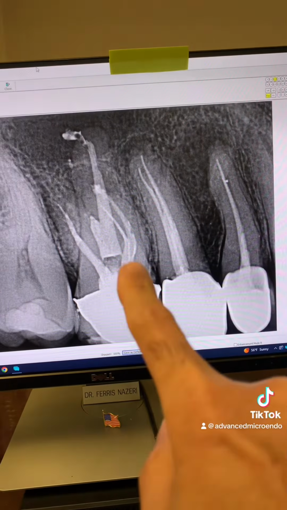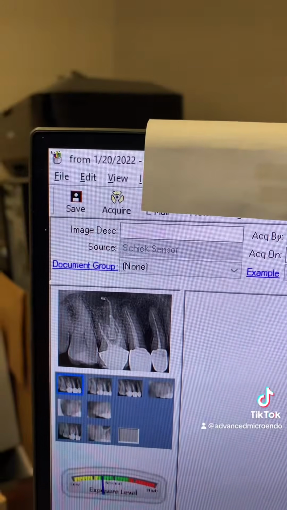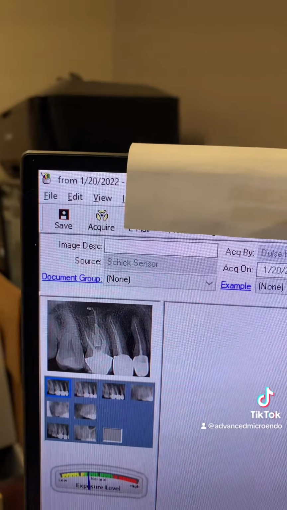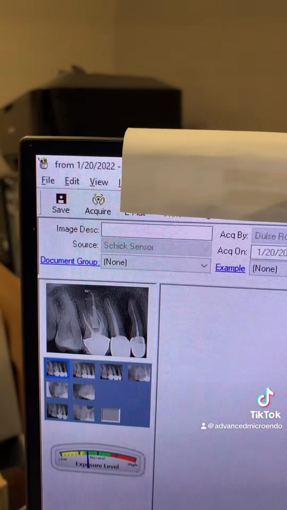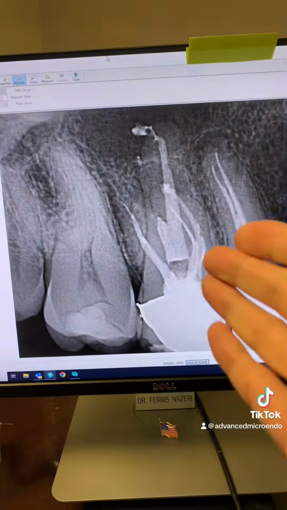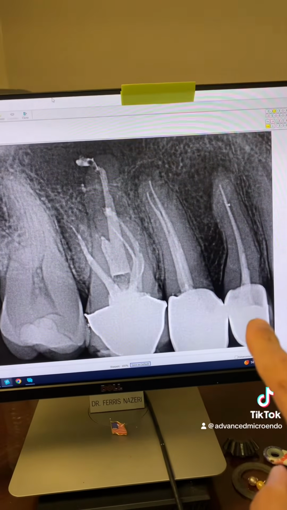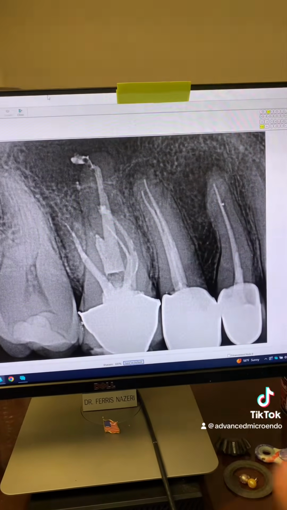And as you can see, that was almost 2 years ago, 1/20/2022. Again, this is immediately after we redid the root canal, and he was supposed to come back to see us so we could work on tooth number 5.